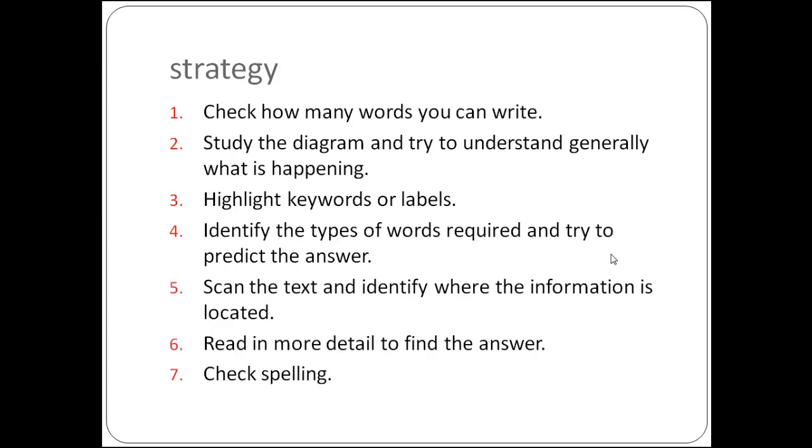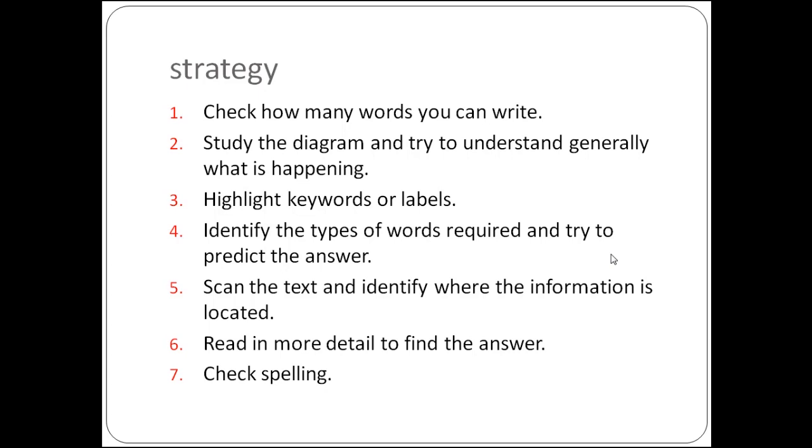Strategy: check how many words you can write. Study the diagram and try to understand generally what is happening. Remember, don't spend too much time on it, but try to understand generally what's happening. Highlight keywords or labels. Remember, you're always going to still be looking for synonyms.